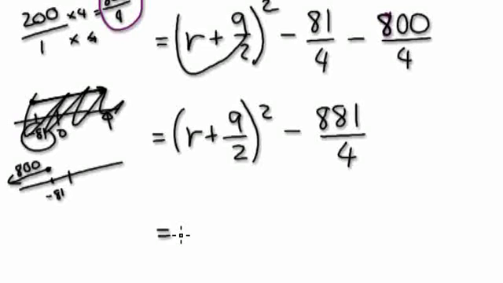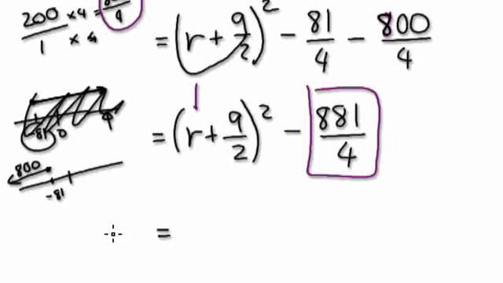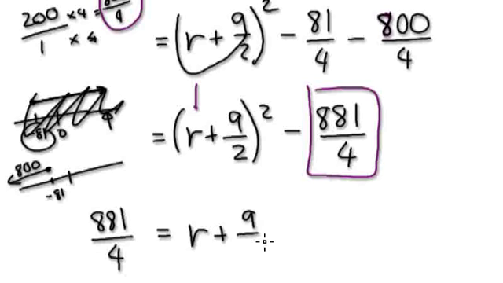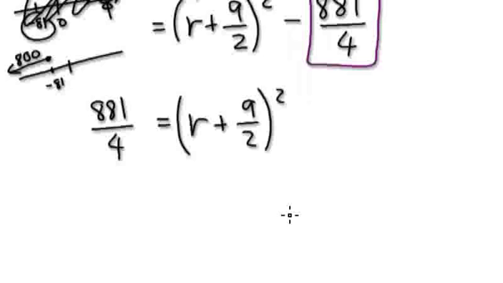Now you're still trying to find out r. So add this fraction to both sides. This will be positive 881 over 4 equals r plus 9 over 2, squared. Then square root both sides.